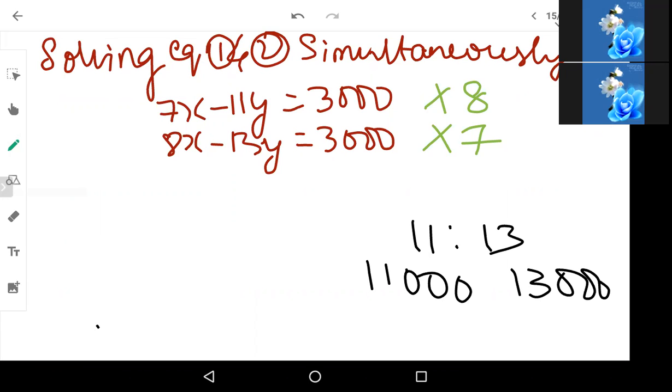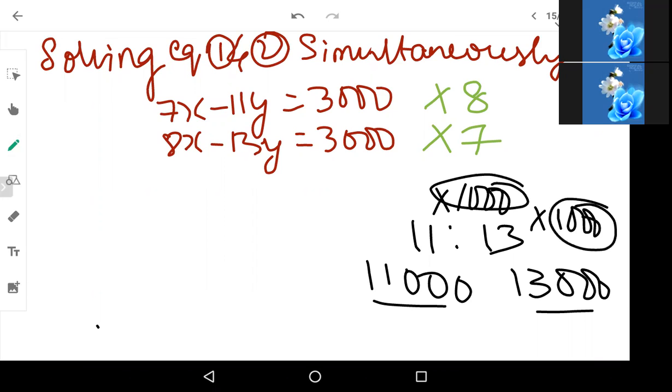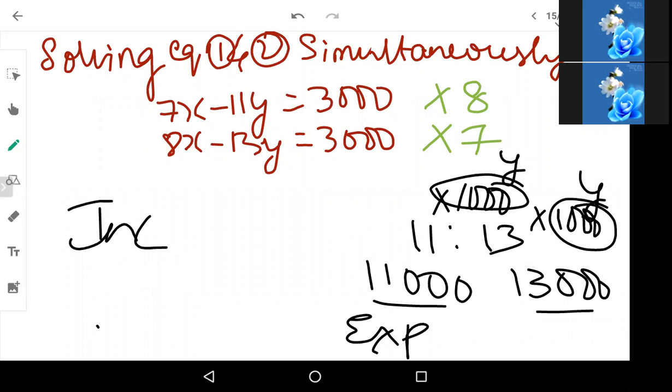To get 11,000 and 13,000 back, I have to multiply by 1,000 and 1,000. Since I don't know the amount, I am taking it as y. Don't take it as x again because that is income. This is expenditure, so take it as y. So you have 11y and 13y as the expenditure for the two people.